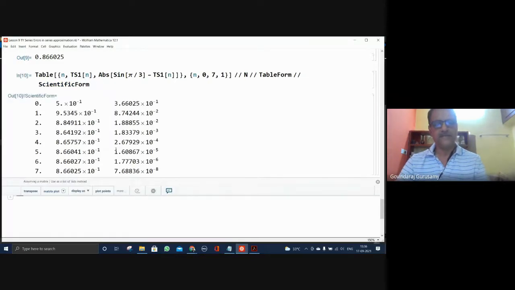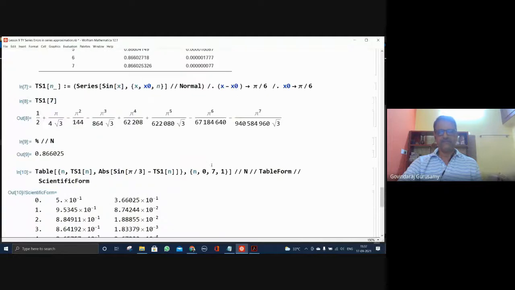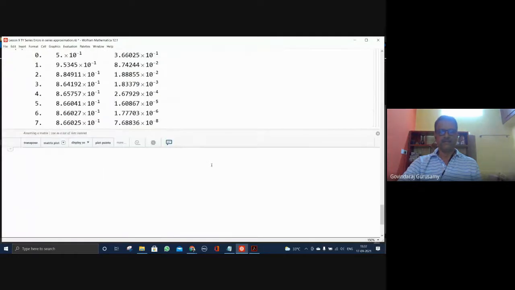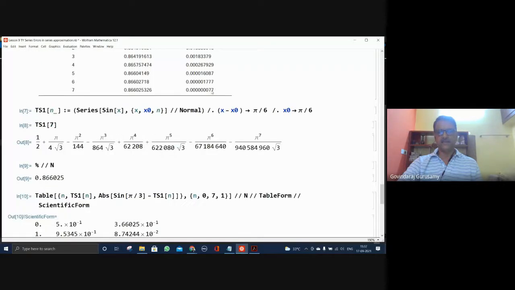Writing, yeah, exactly. This is what your errors are. The same numbers, just put in scientific form. So you already come to 10 to the minus 8. Okay, that's fine. If you approximate it to be 7.7 times 10 to the minus 8, that is being given here.